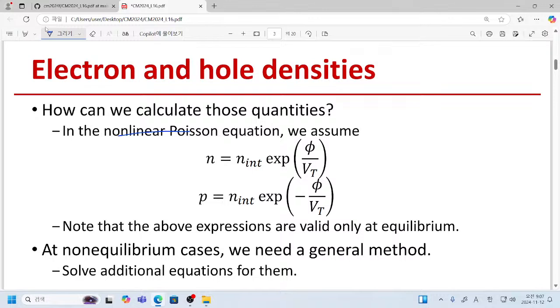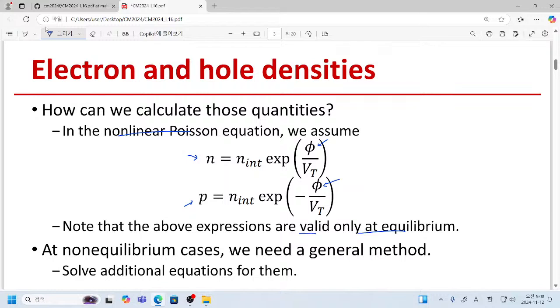In the nonlinear Poisson equation, we assume that electron and hole densities can be expressed in terms of the electrostatic potential. Please note that these expressions are valid only at equilibrium.